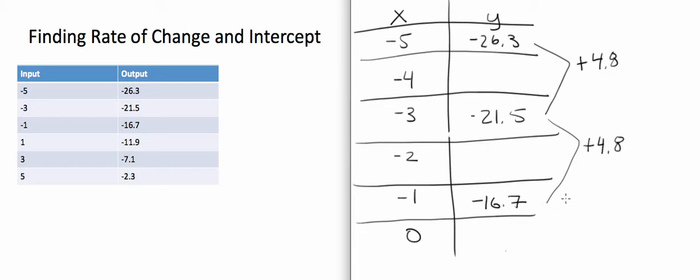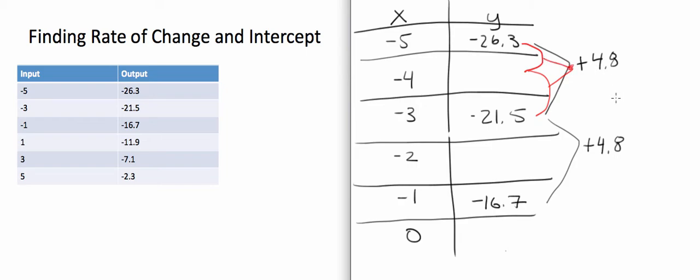So that means, because that goes up by 4.8 from -5 to -3, it goes up by half of that from here, okay? Because these two values then have to add up to that 4.8.